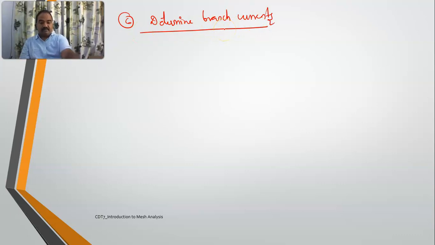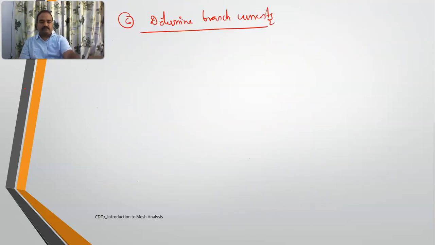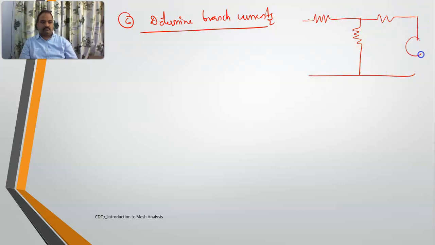We have seen in step number 3 how to write these things. See, this will be helpful for us. Right. So I'll draw it here again for you. This is 5 ohms, 10 ohms and 30 ohms.